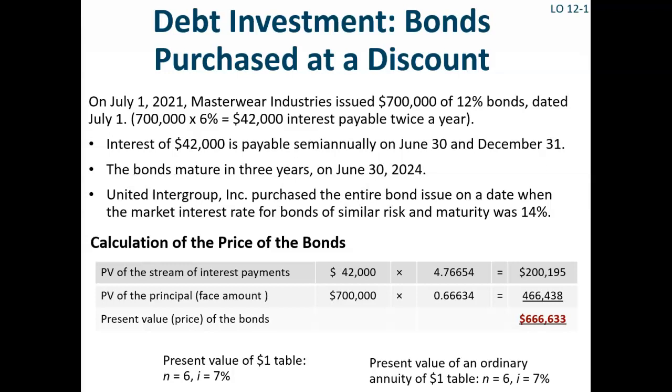Step 2. Calculate the present value of the stream of interest payments. If you remember, the present value of a stream of interest payments would be the present value of an annuity. So we're going to use the present value of an ordinary annuity table, table 4 at the back of your textbook.